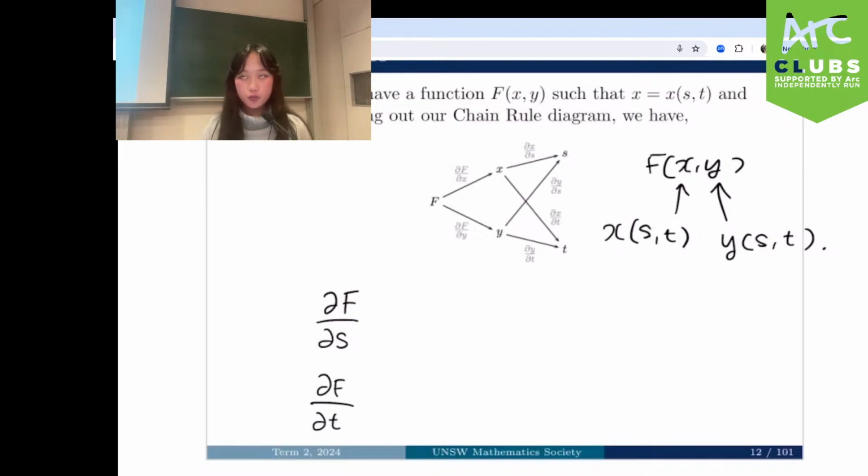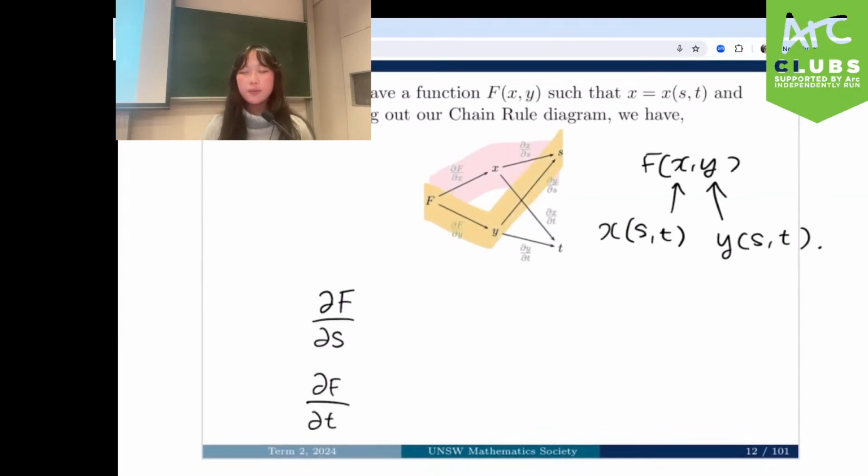So let's look at the first one first. Let's look at delta f, delta s. What we do is we try to find as many ways as we can to get from f to s. So we've got one here, we've got one here, and that's it, right? As I've said before, the things that are in one color, we take the product of them.